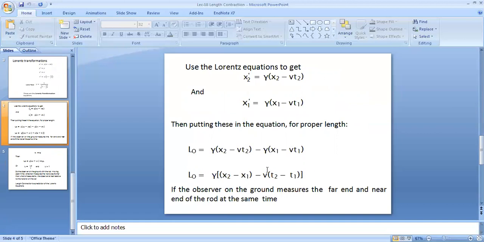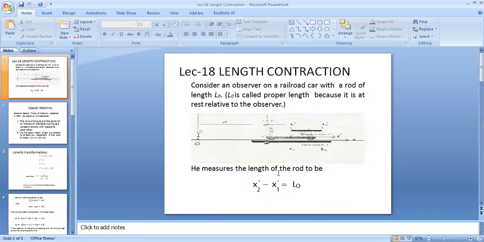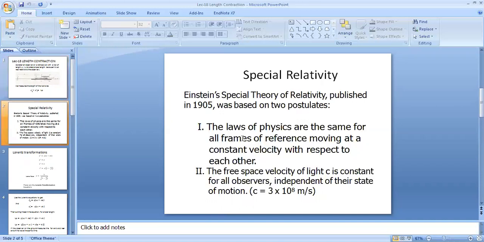For the stationary observer located at point O, he observes both ends of the rod, x1 and x2, at the same time.